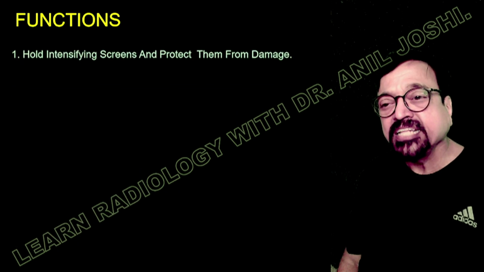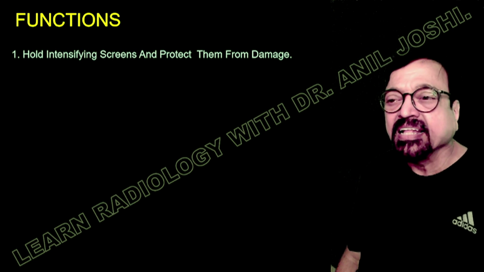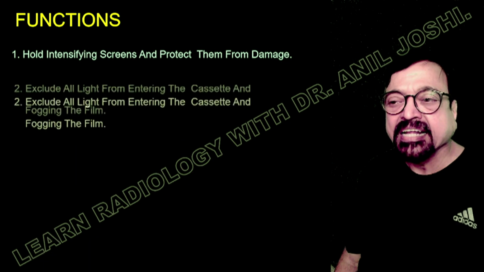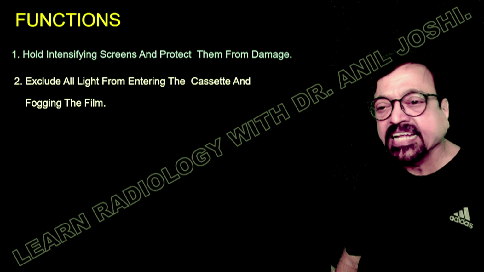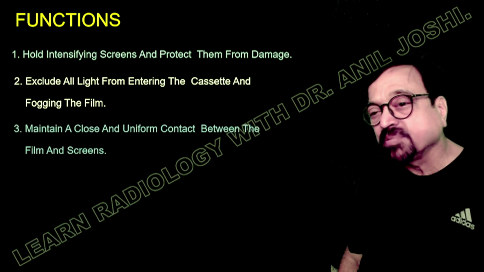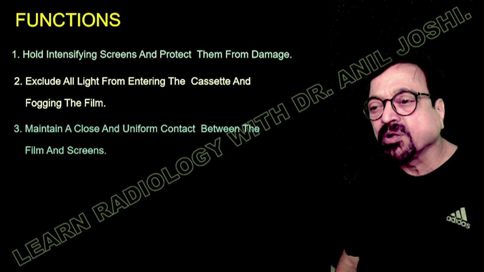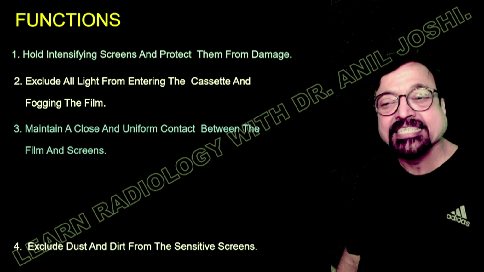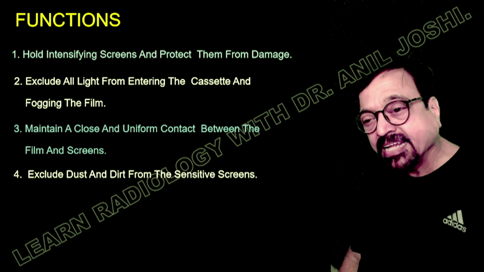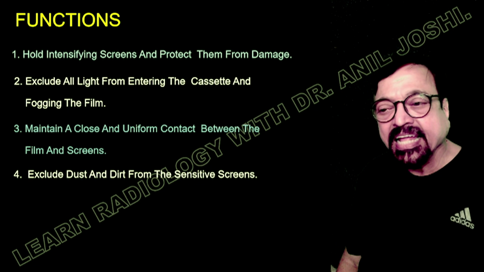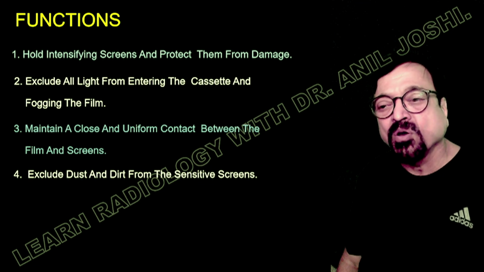Now what are the functions? One is to hold the screen at a perfect position and prevent it from damage, exclude all light from entering the cassette and the fogging caused because of that, then maintain a close and uniform contact between the film and the screen, then protect it from dust, humidity, and many other water drops or stains.